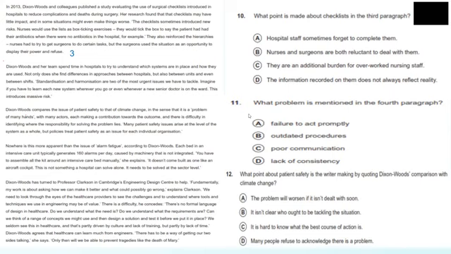Because it was mentioned in the paragraph that there is lack of standardization and harmonization in the system. It was mentioned that there is a difference not only between hospitals, but also between units, and even between shifts.